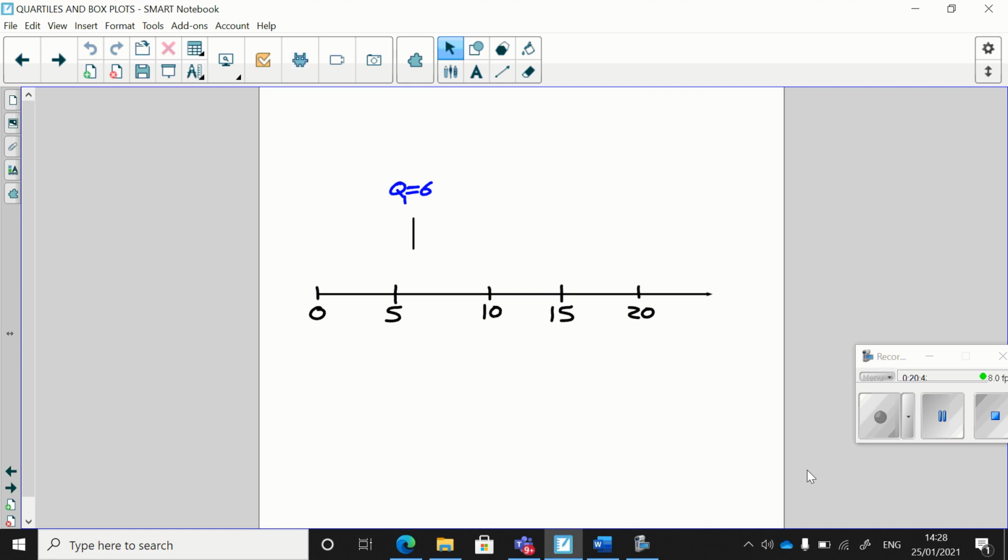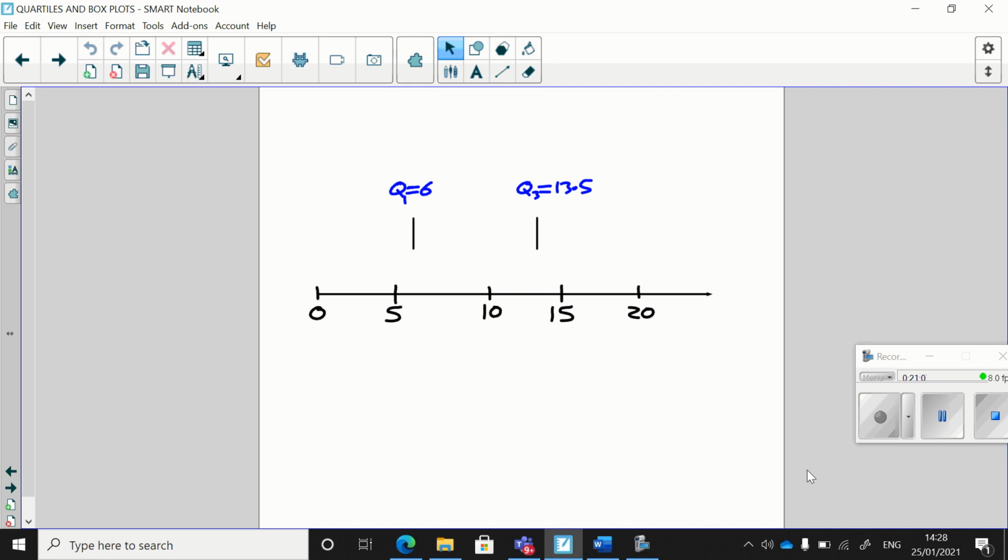Here, that is Q1, the left-hand side of the box. The right-hand side of the box is the upper quartile, or Q3. What was that? 13.5. So go along the number line to wherever 13.5 is and put in a line parallel to Q1, level with it.